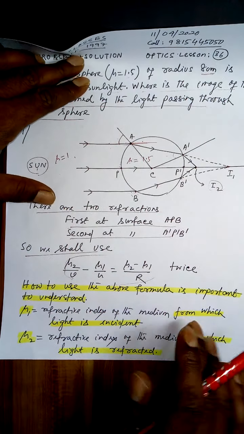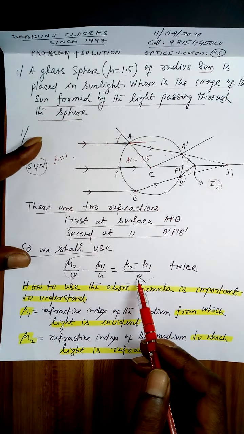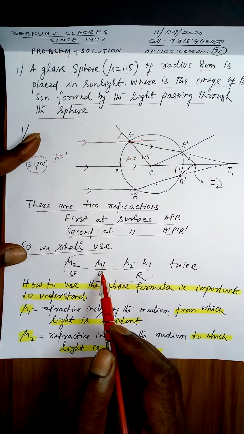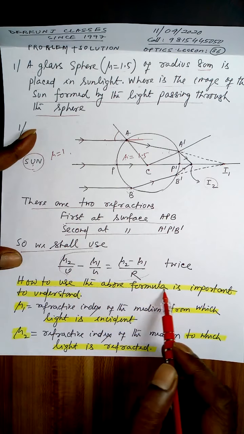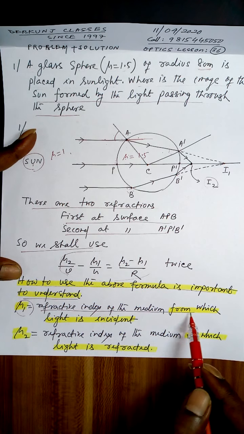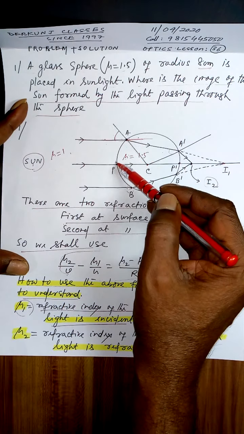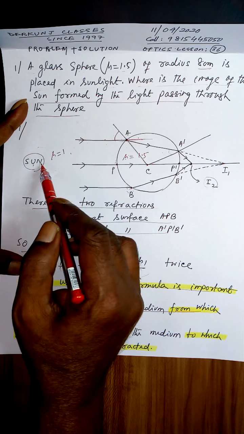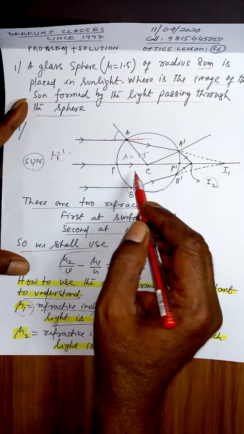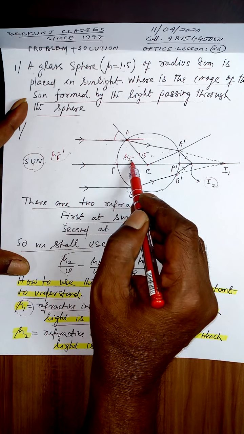Now the problem arises while using this expression. What you have to remember here is mu2 and mu1 very carefully. How to use the above formula is important to understand. Mu1 is the refractive index of the medium from which light is incident. So while considering refraction at APB, the medium from which light is incident will be mu1, and the medium to which it is refracted is mu2.